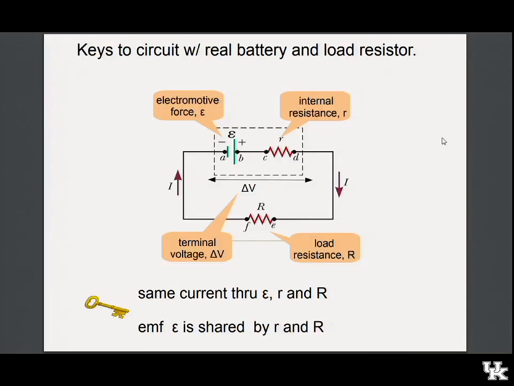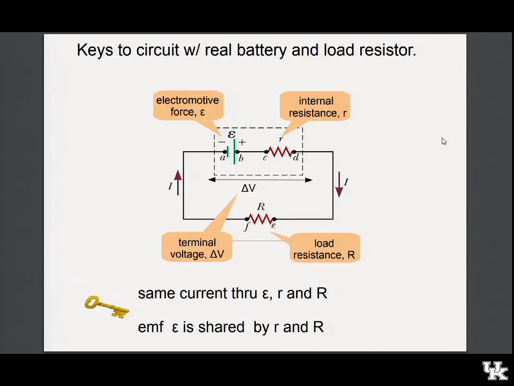However, the other important thing about this circuit is that the voltage that the EMF supplies, so suppose it supplies 1.5 volts, that voltage is shared in some way between the load resistance, the washing machine, and the internal resistance of the battery. So they share that EMF. They share that 1.5 volts.